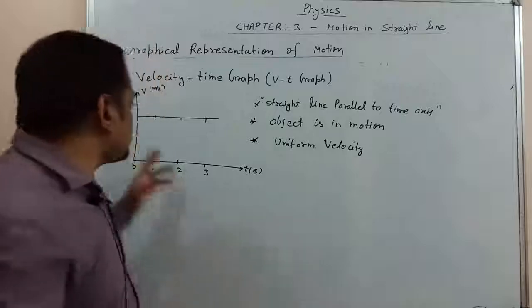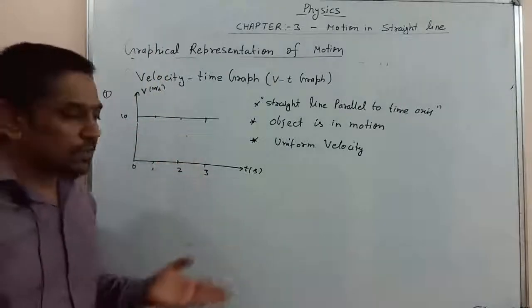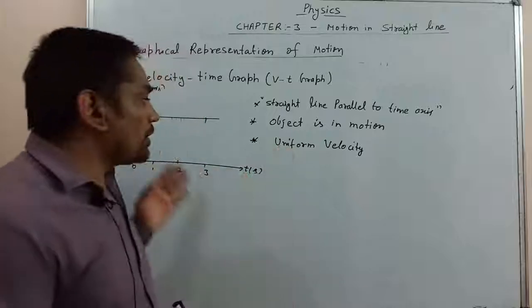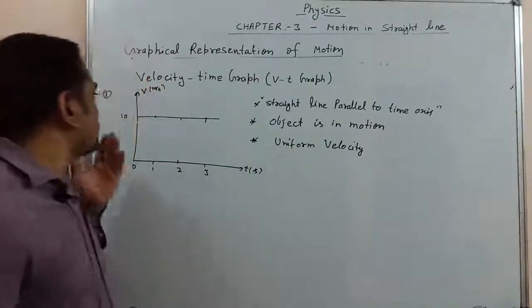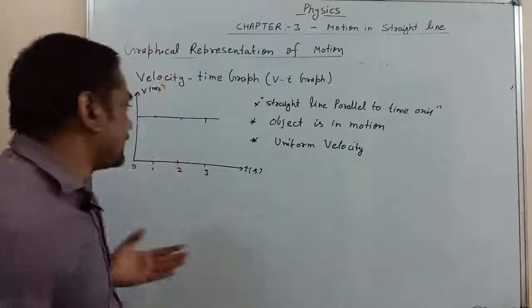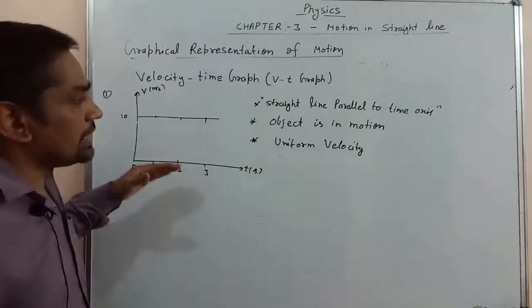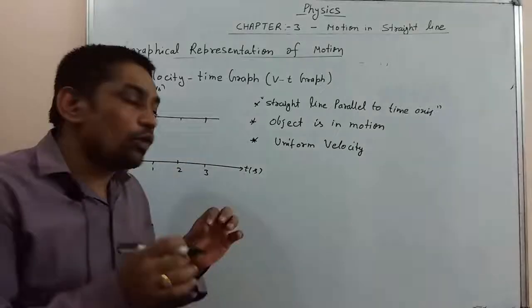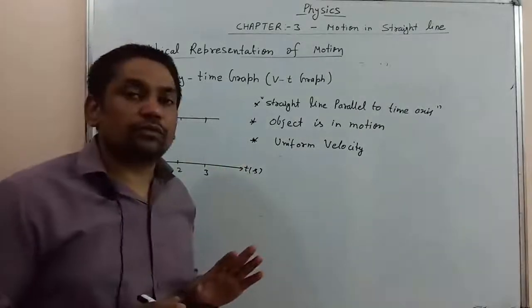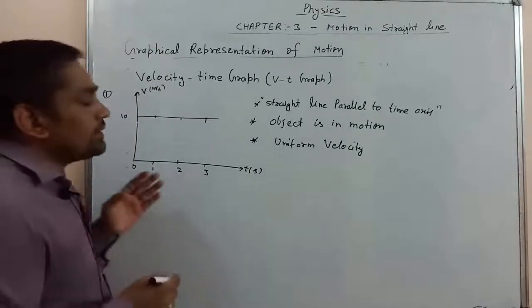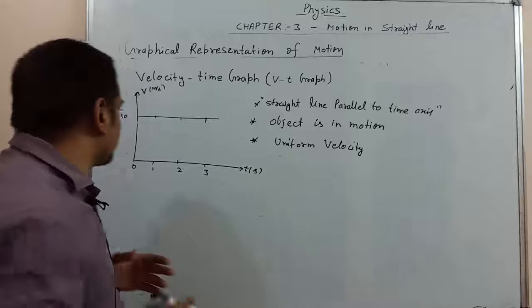Because the velocity does not change with respect to time. So velocity is uniform or constant during the motion. We can say that the object is moving with uniform velocity if the graph is a straight line parallel to the time axis. Specially focus that this is a VT graph, not XT. An XT graph like this represents the object at rest.